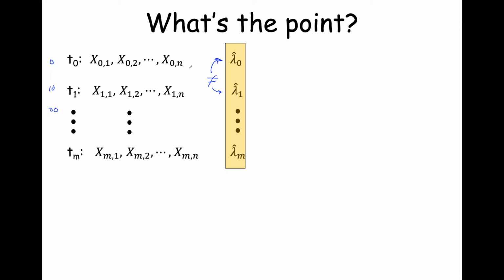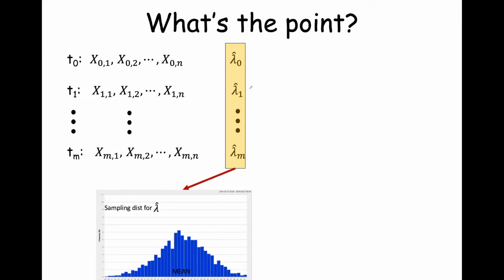So if they're a little bit different from one another, something reasonable that you might want to do is to look at the distribution over each one of these statistics outcomes lambda hat. So let's do that. We call that the so-called sampling distribution for lambda hat. And we call it the sampling distribution because each one of these lambda hats was obtained by sampling. And so here we have the sampling distribution for lambda hat.